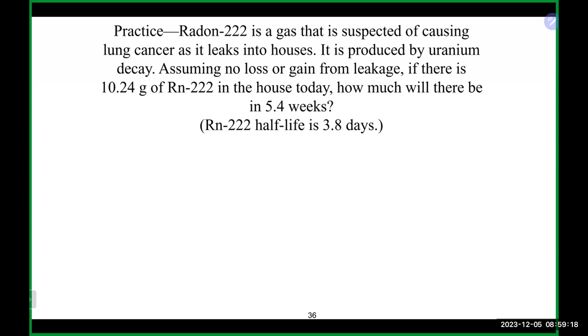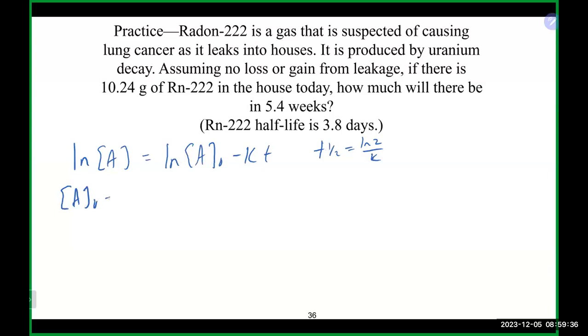Okay, so once again here, obviously the nice thing is we don't have to think about what equation to use because it all should be first order. So we'll use our first order equation here. In this case, once again, we do have the initial amount of 10.24 grams.